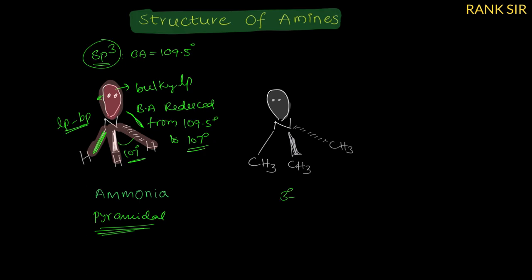This is a tertiary amine. Here also lone pair bond pair repulsion takes place, and the hybridization is sp3. But compared with ammonia the lone pair bond pair repulsion is less, because the CH3 groups are bulkier groups. Therefore there is repulsion between these groups, which is called steric repulsion.